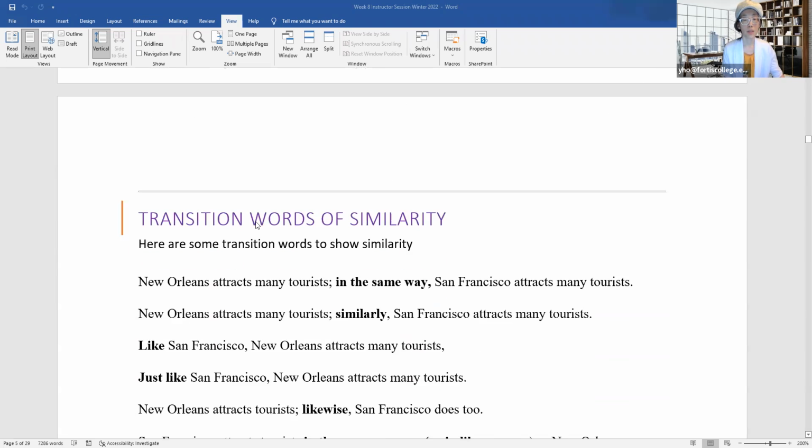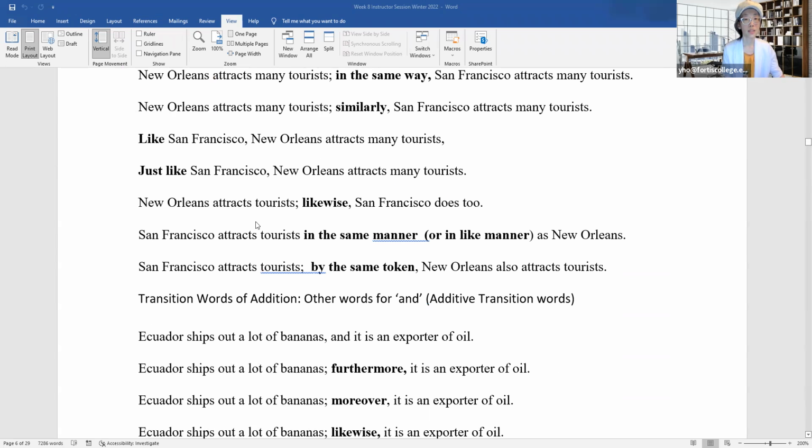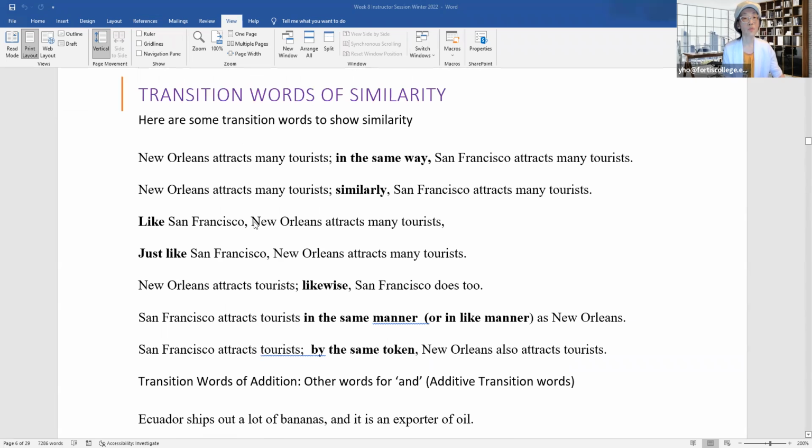And here we go. So here you have many different ways to show similarity when two things are the same. New Orleans attracts many tourists. In the same way, San Francisco attracts many tourists. New Orleans attracts many tourists similarly.